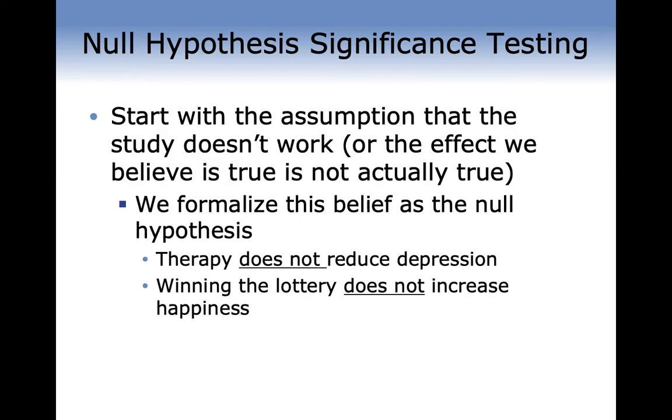It would take a little while to do a proper explanation of why statistical significance tests are set up this way. But the short of it is, it's a lot easier to refute or disconfirm something than it is to provide confirming evidence.